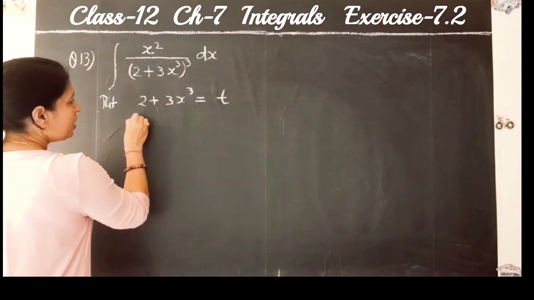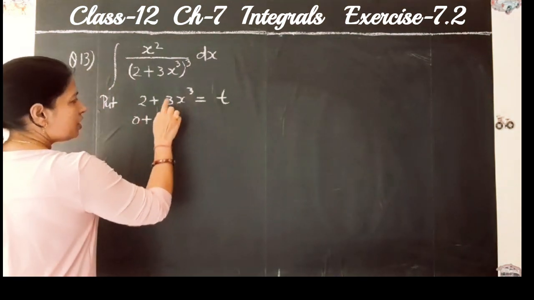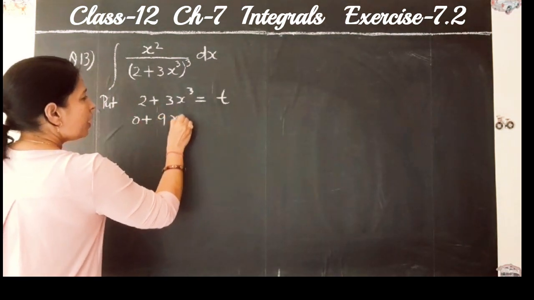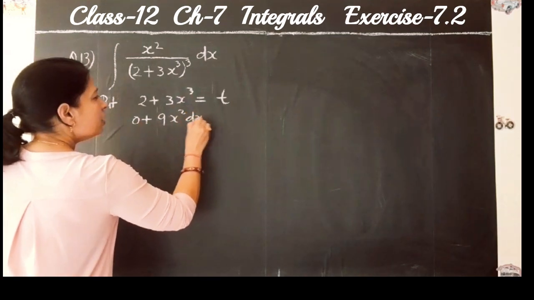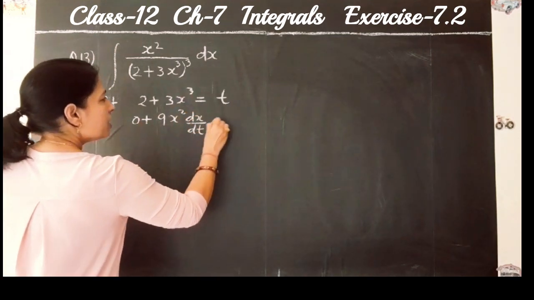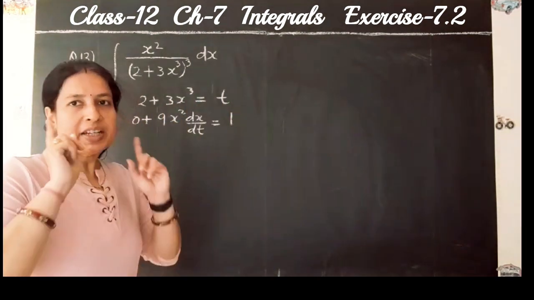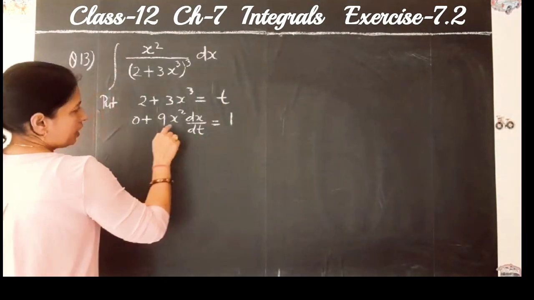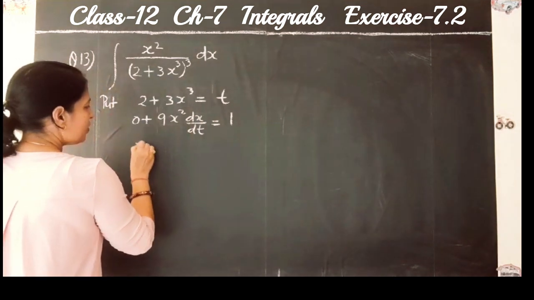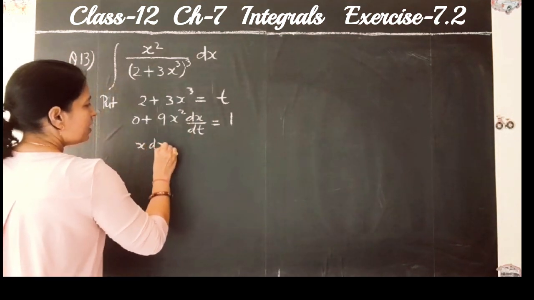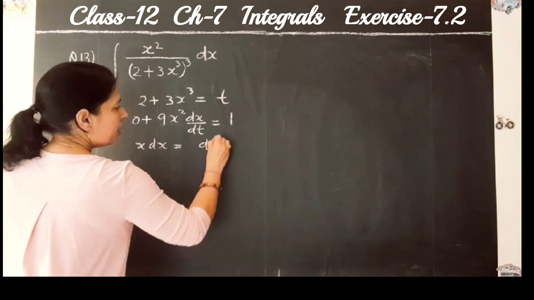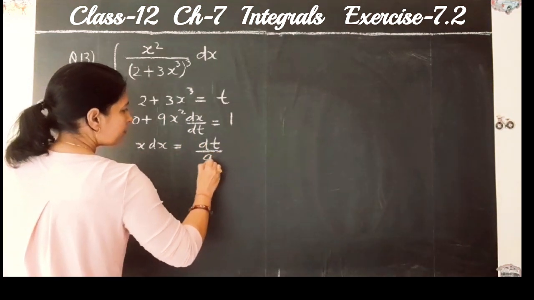We get here 2 is a constant, so it will be 0 plus 3 times 3, 9x square, dx by dt is equal to 1. When we differentiate t with respect to t, we get 1. So in place of x square dx, we can write x square dx will be dt by 9.